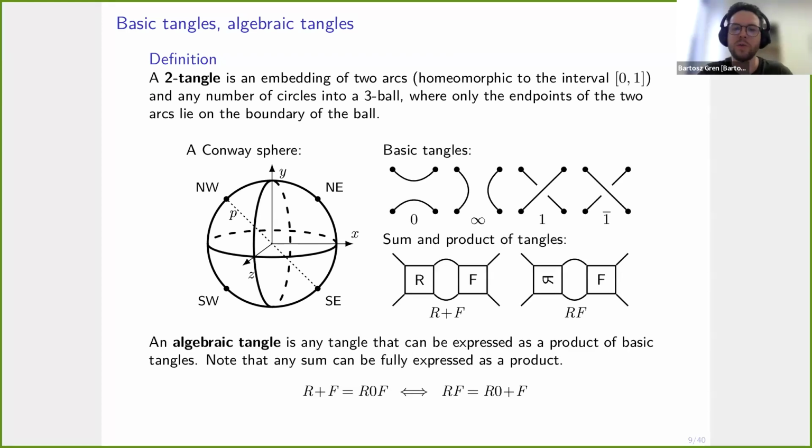And there are four basic tangles which are building blocks for more complicated tangles. And these are, as you see over here, tangles 0, infinity, 1, and -1. Also, as I said before, tangles can be added together, but we can also introduce the operation of multiplication.